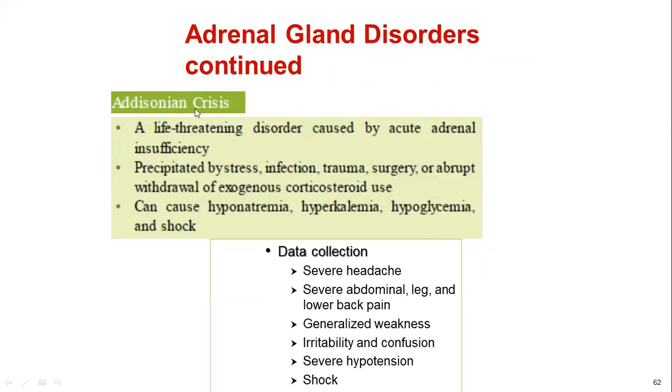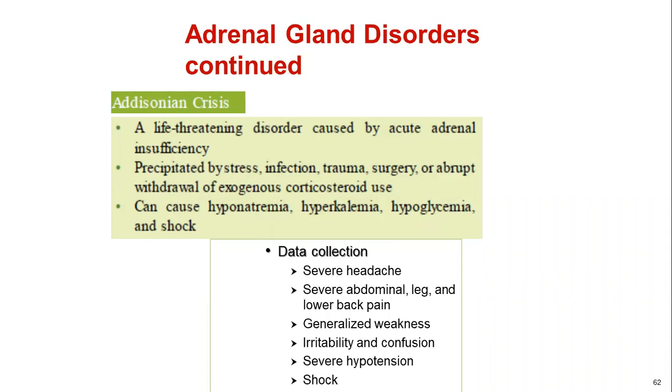Addisonian crisis is a life-threatening disorder caused by acute exacerbation of adrenal insufficiency. Usually, any Addison patient is precipitated by stress or infection, any trauma or surgery, or any abrupt withdrawal of exogenous corticosteroid. Exogenous means if you give something from an outside source, it can cause complications.